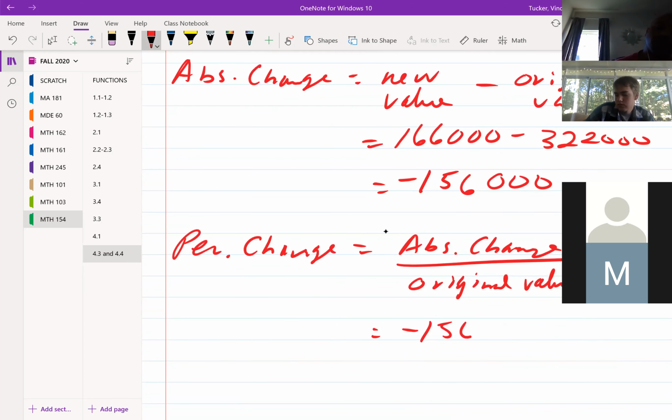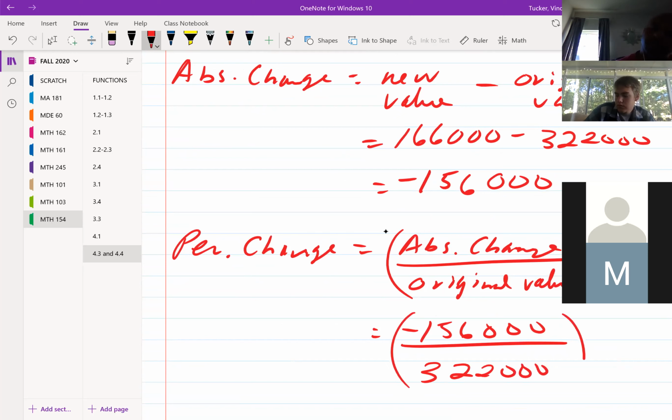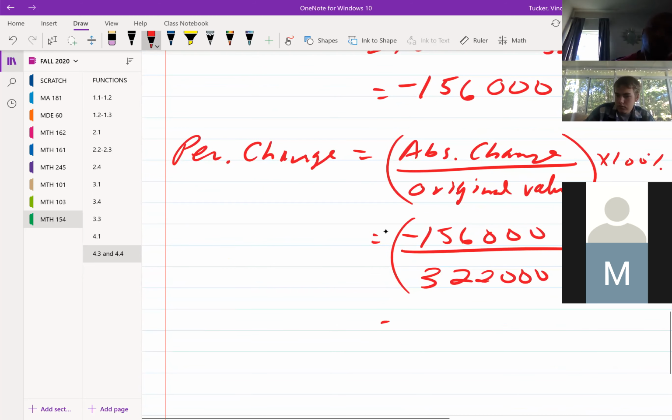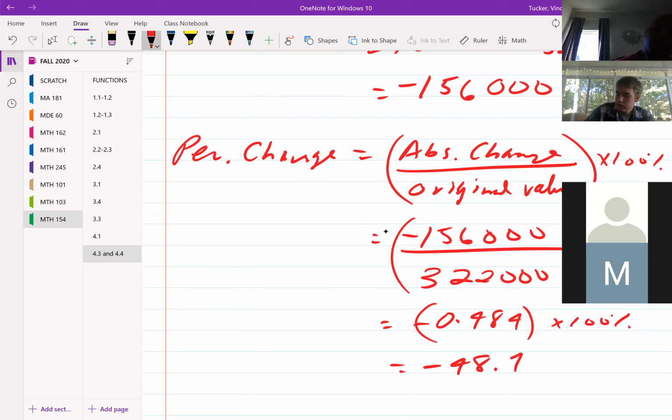It's negative 156,000. Divide by the original. Since we want percentage, we're going to multiply by 100%. And that would be negative 48.4%.